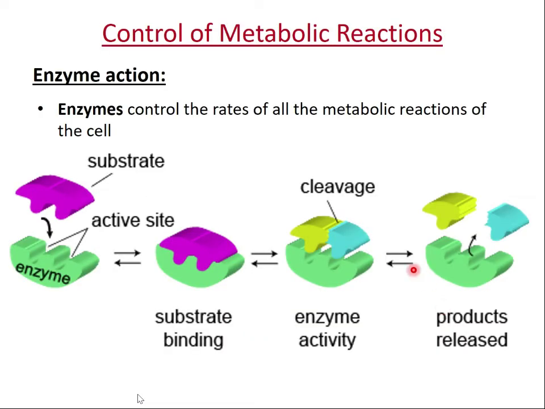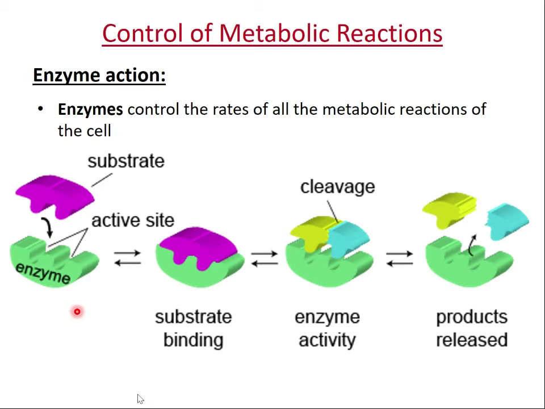We also mentioned enzymes and how enzymes help these metabolic processes. Enzymes usually control the rate at which these metabolic reactions happen. An enzyme is a molecule that helps a reaction happen, be it an anabolic reaction or a catabolic reaction, but at the same time, enzymes are conserved.